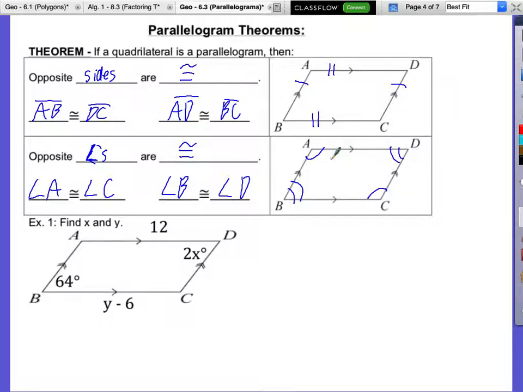Hey, Jacob, quick question. Why did you and Aubrey switch jackets? We didn't. I didn't even notice.